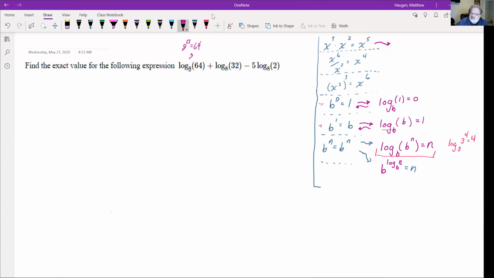So what happens to exponents? What happens to our exponents when we multiply things? Well, we add the exponents, right? Okay, so what happens to exponents? Logarithms ask about exponents. That's their job. The logarithm is the exponent.